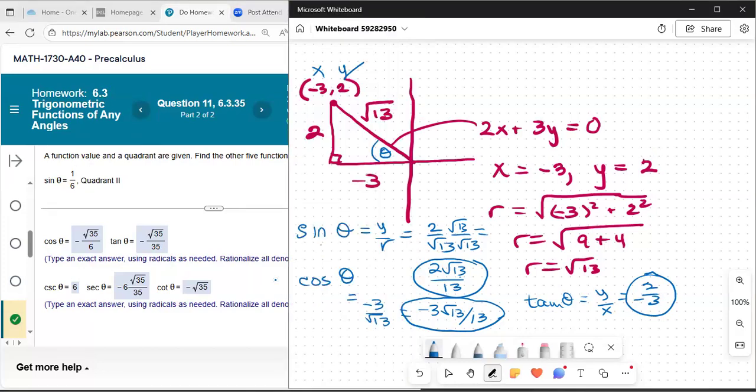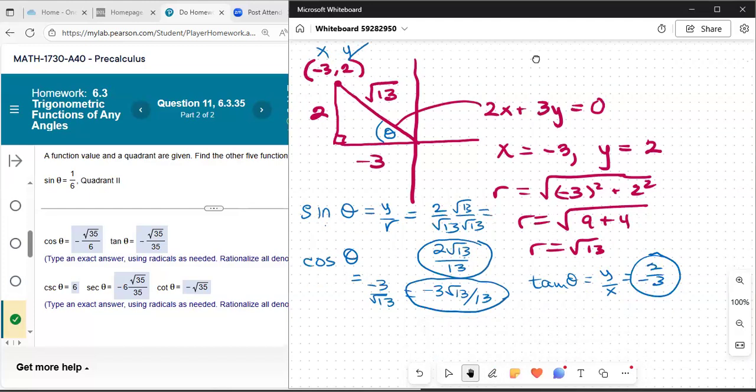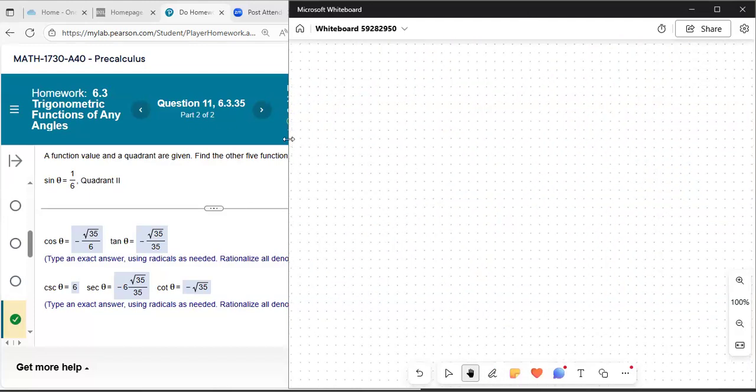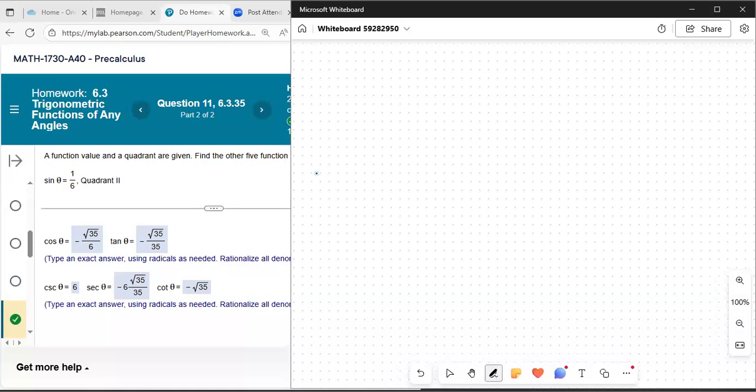And this is number 11. A function value and a quadrant are given. Find the other 5 function values. Give exact answers. So it says the sine of theta equals 1/6, and we are in quadrant 2.